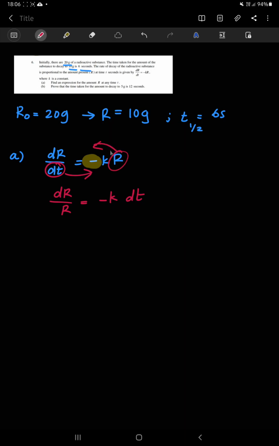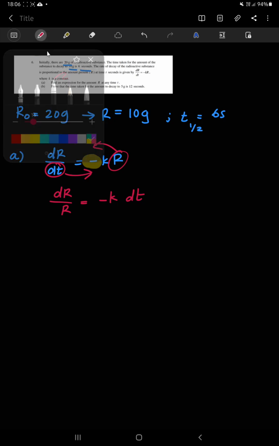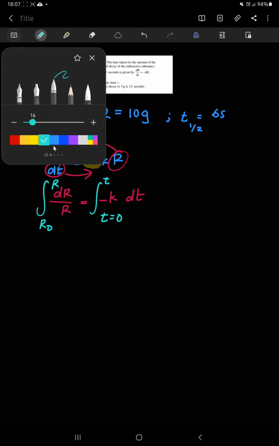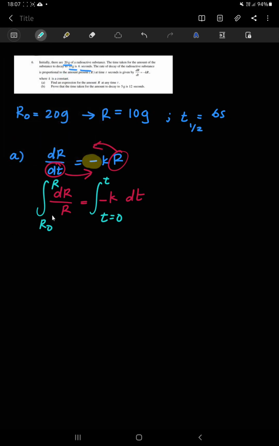Then I want to integrate from R0 to R, and from t equals 0 to time t. So 1 over R integrates to ln R, plug in from R0 to R, and negative kt from 0 to t.